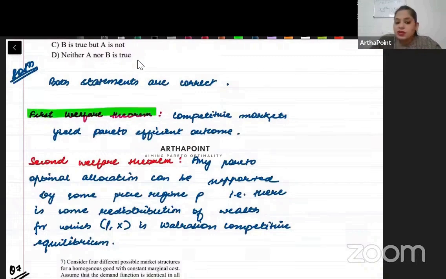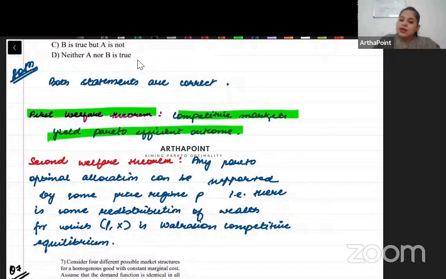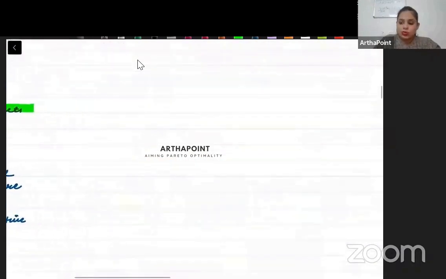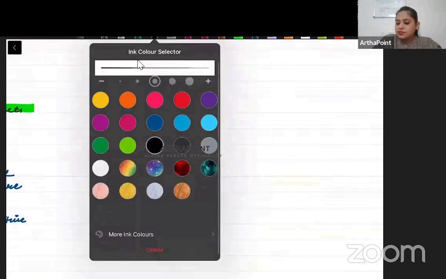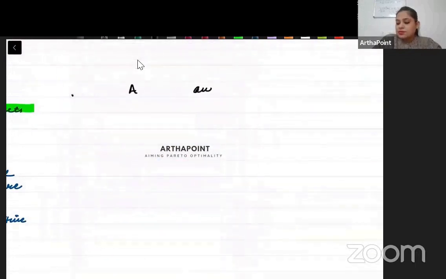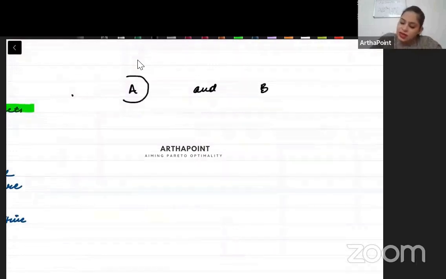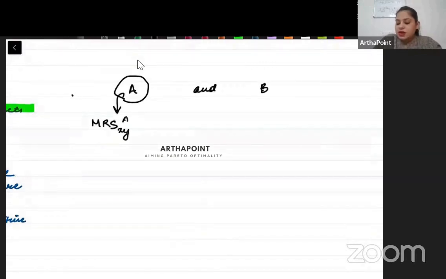What does the first welfare theorem suggest? Well, it suggests that competitive markets yield Pareto efficient outcomes. How do we know that? Let's take two individuals, A and B. Where will individual A's competitive equilibrium be if his preferences are well defined? Where his MRS is equal to the price ratio.